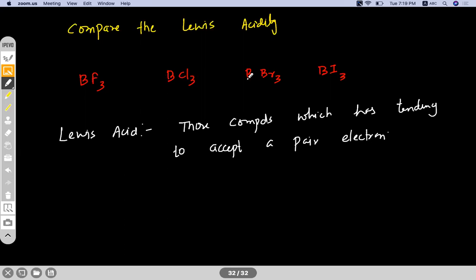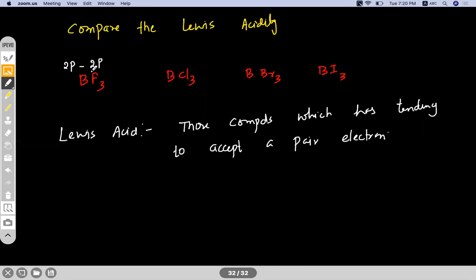Now, all these boron compounds are electron deficient. Okay. So, because of back bonding, the electron deficiency decreases, then the molecule has less tendency to accept electrons, and its Lewis acidity decreases. Correct.